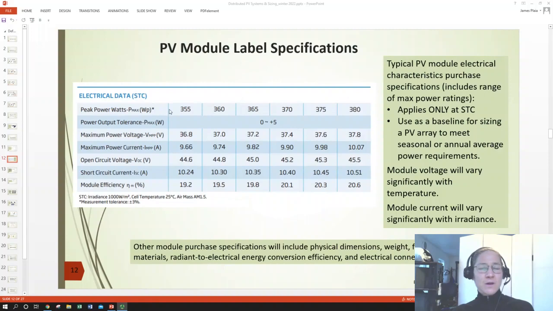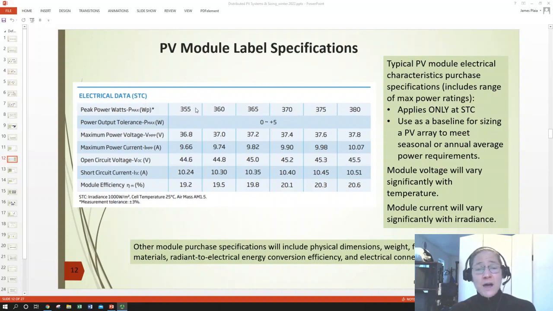Okay, so let's take a look at some shopping, module label specifications. So this is a multi-power set of panels from a certain manufacturer. This is a fairly typical electrical data spec. Notice it says electrical data STC, meaning standard test conditions.